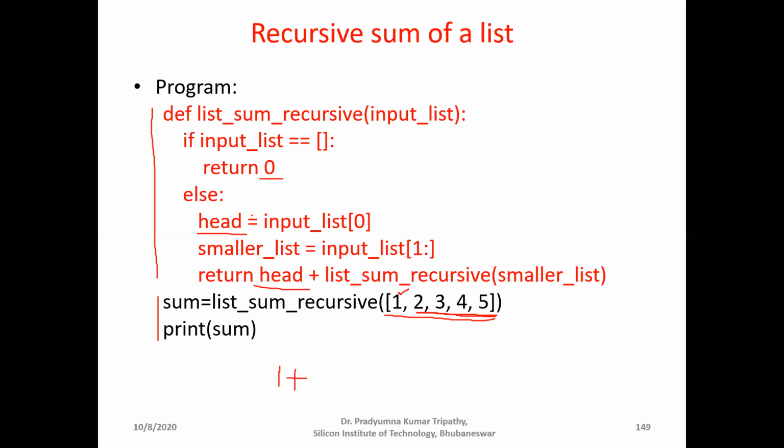While calling it again, what is the head? Head will become list of 0, that means it will become 2. For the second list, the head is 2, and the rest of the elements are 3, 4, 5. Then it calls it recursively by taking the head out. So this is 3.